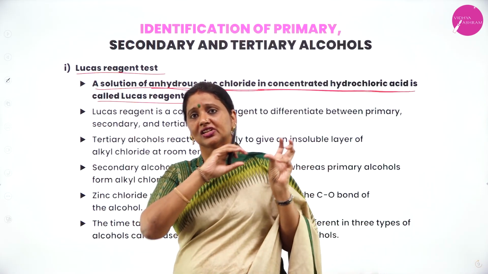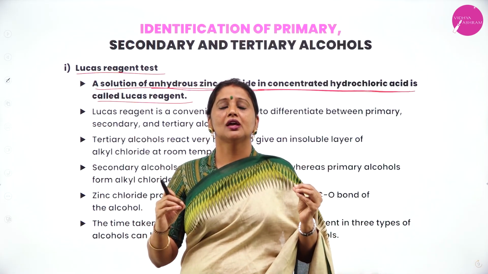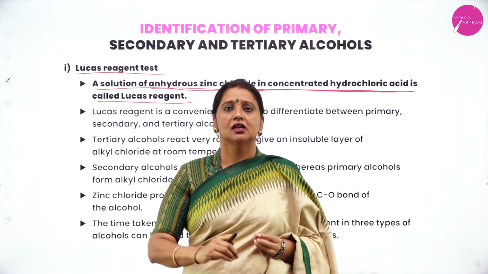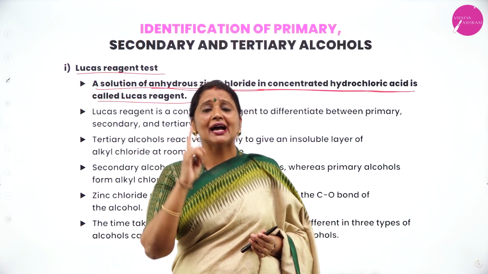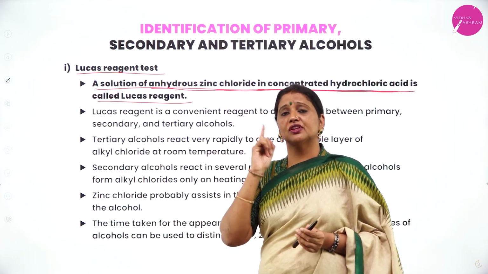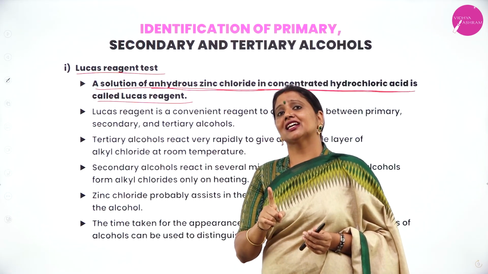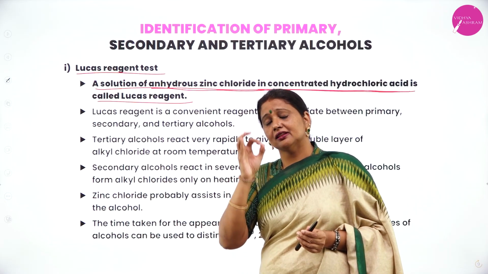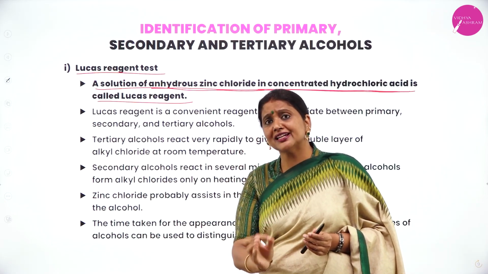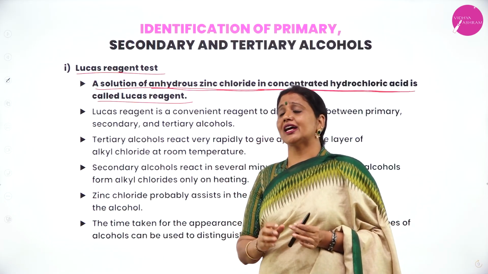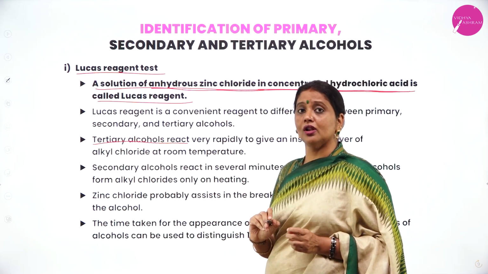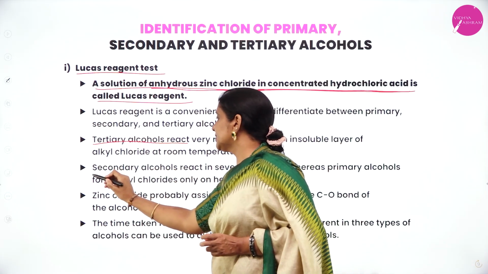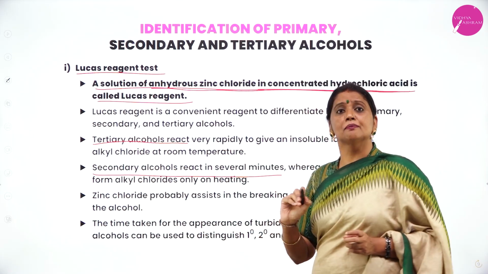Let us consider 3 alcohols in different test tubes. Add Lucas reagent. Out of 3 test tubes, in one test tube turbidity appears immediately because of the formation of tertiary alkyl halide. If the alcohol gives immediate turbidity with Lucas reagent, that is tertiary alcohol. Secondary alcohol gives turbidity after several minutes.